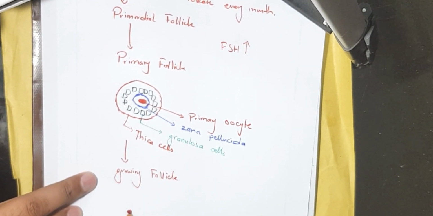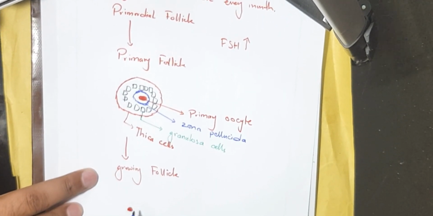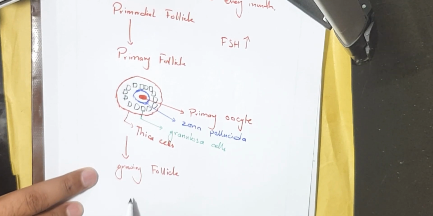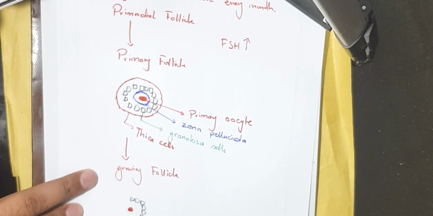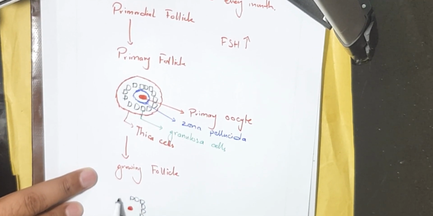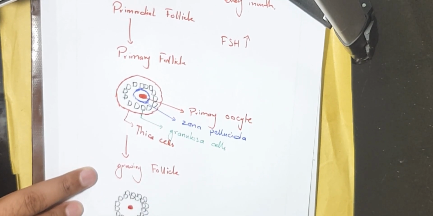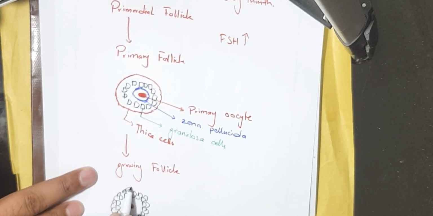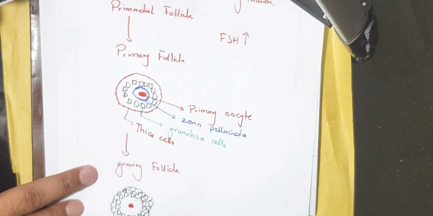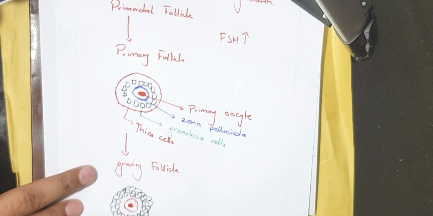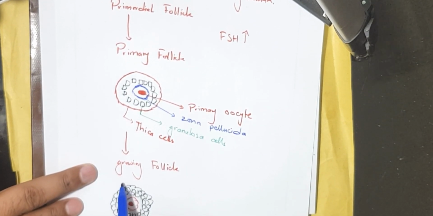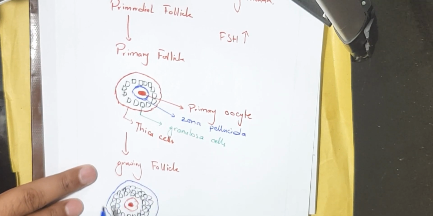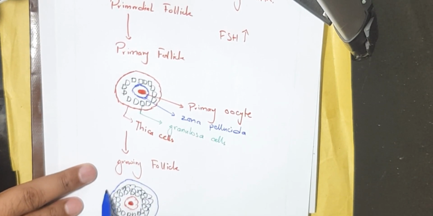follows. The primary oocyte will be present centrally, and after the primary oocyte there will be the zona pellucida and granulosa cells. These are granulosa cells, and in between the granulosa cells and the primary oocyte will be present the zona pellucida, and surrounding the granulosa cells there will be theca cells.